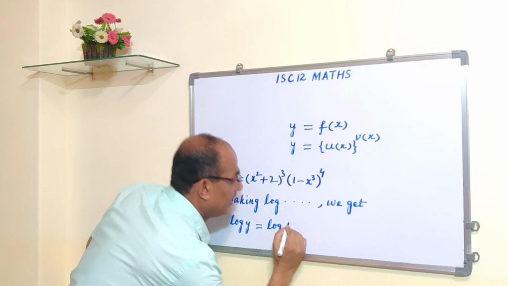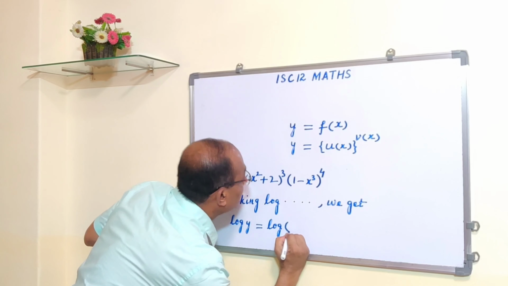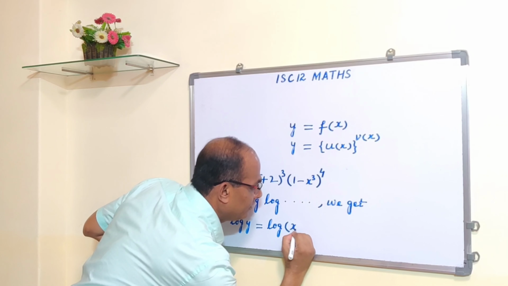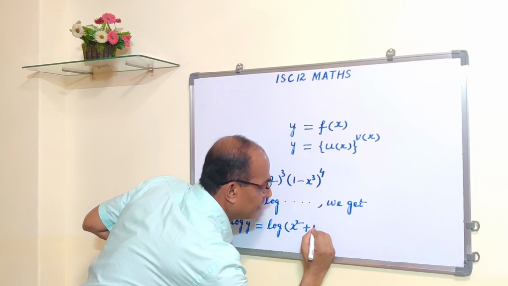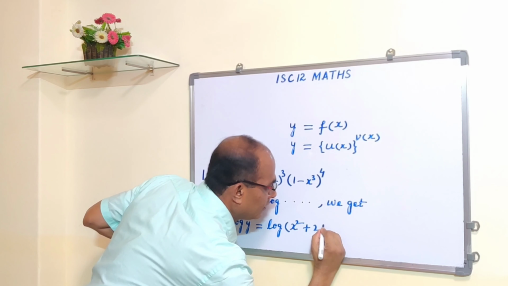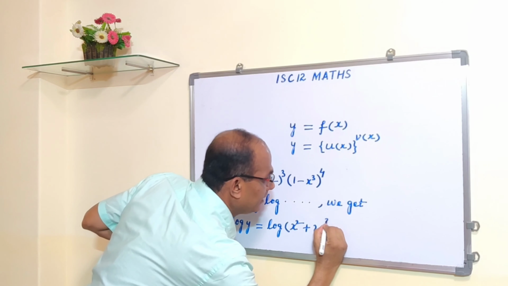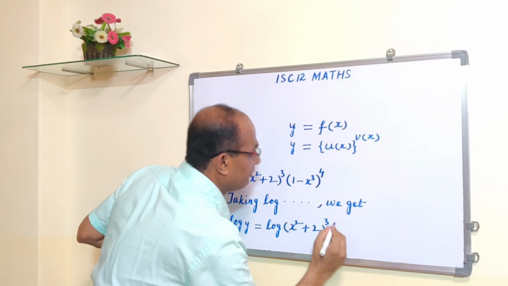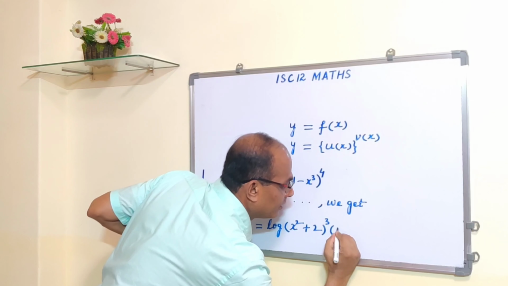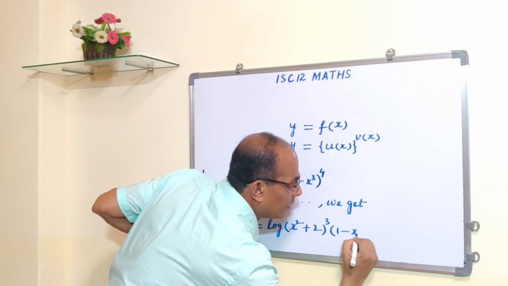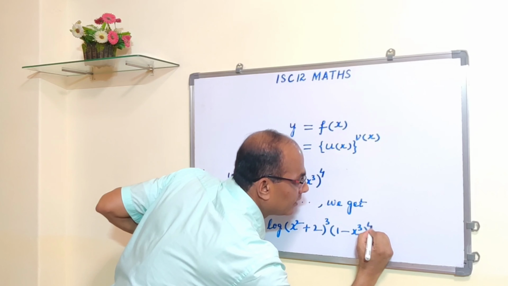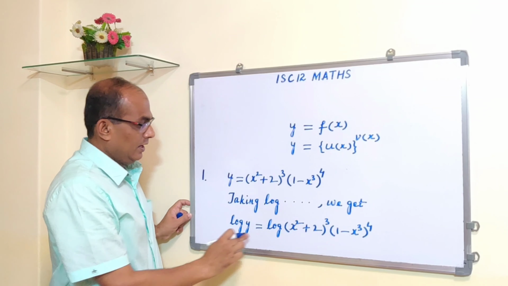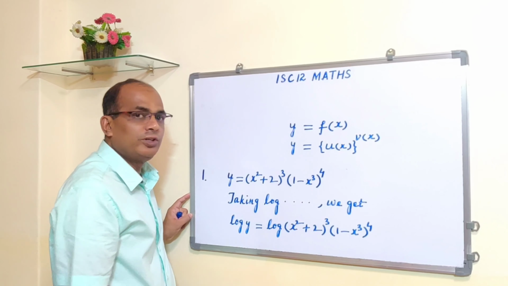So log, this is (x squared plus 2) whole raised to the power 3, and then (1 minus x cube) whole raised to the power 4. I've taken log on both the sides.